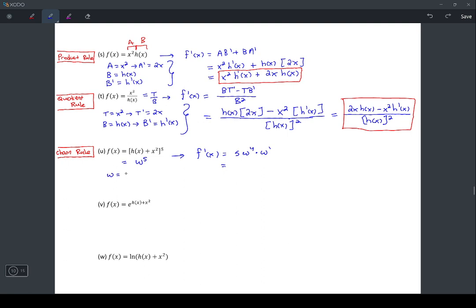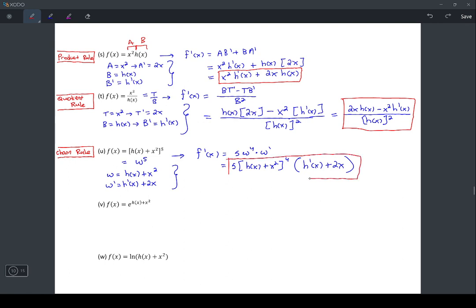W is equal to h of x plus x squared. W prime is going to be h prime plus 2x. So I'll plug all that in. So 5 times h of x plus x squared to the power 4 times h prime of x plus 2x. There's not much we can do. I mean, if you want, you could bring the 5 into the h prime of x plus 2x bracket, but I wouldn't even do that. I'd just leave it alone.